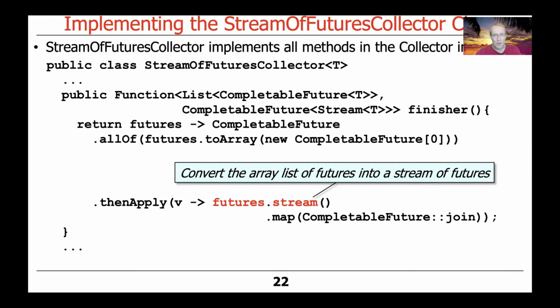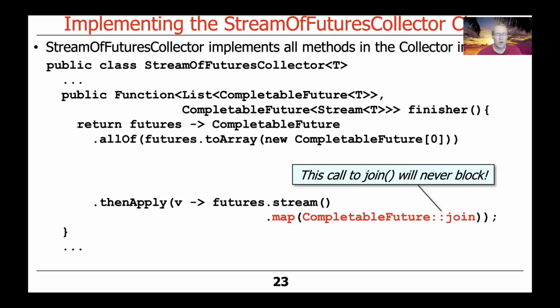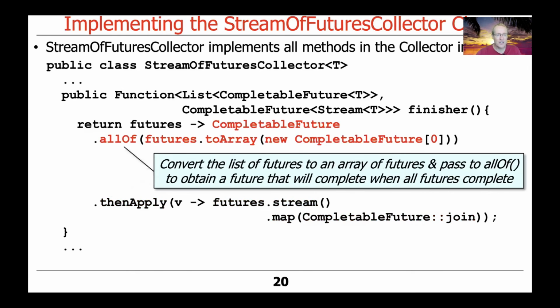We know they are all completed at this point, and so we're going to go ahead and call the join method. This is really just here syntactically to convert the completable future of T to an instance of T. But the call to join will never block because thenApply will never get called until the completable future returned from allOf has actually completed. And that only gets completed when all the other computations that are running in the background complete.